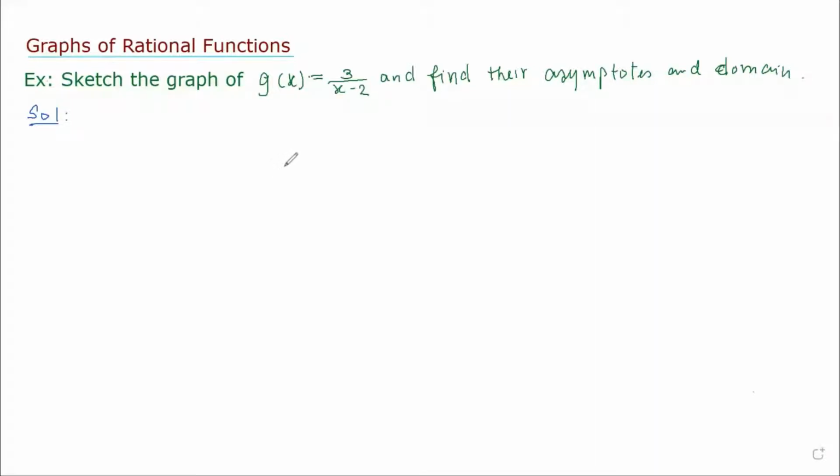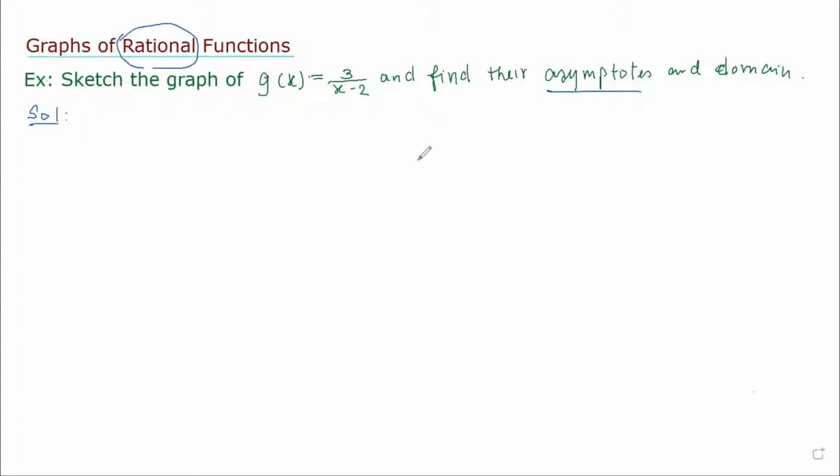Every time you plot a graph for a rational function, you need to consider more than for a linear polynomial or a cubic function. So first you find the asymptotes, second you find the x-intercept and y-intercept, and then you plot the graph.